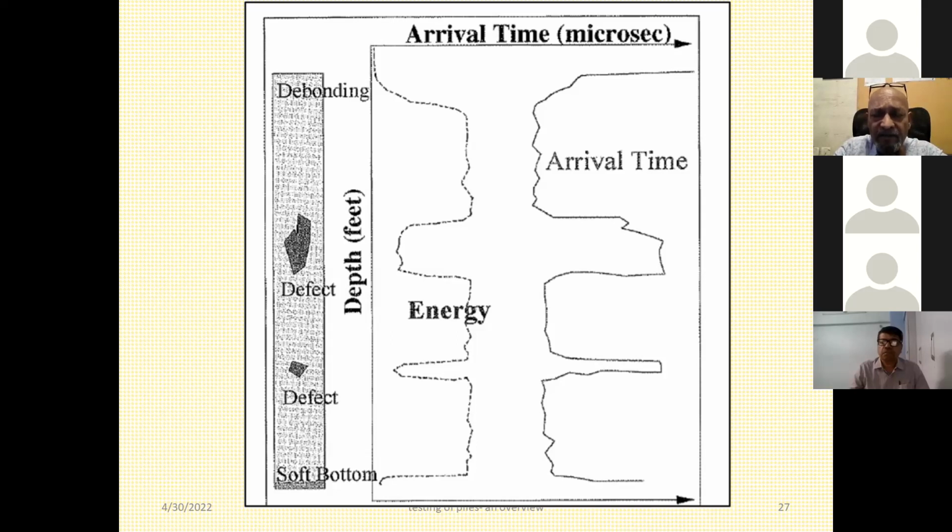But the test definitely says that there is something wrong, even if you don't know what exactly is wrong. And then you have to take a decision whether the pile is to be used or an alternate pile has to be provided, based on the quantum of deformation and not the type of deformation. So there is a kind of speculation, and that's why it should be done only by quite experienced people and not by any general engineers.